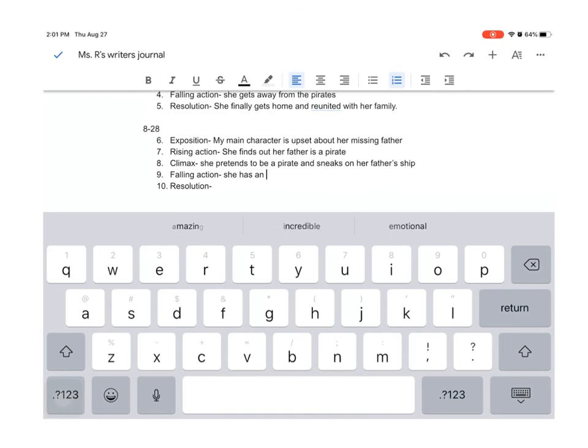has an accident and loses her leg. And now the pirates like her.